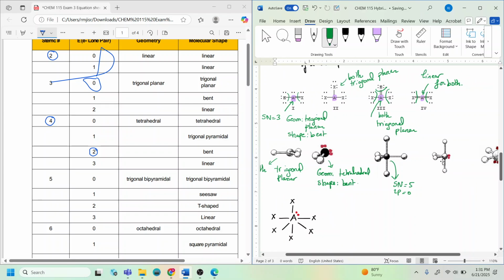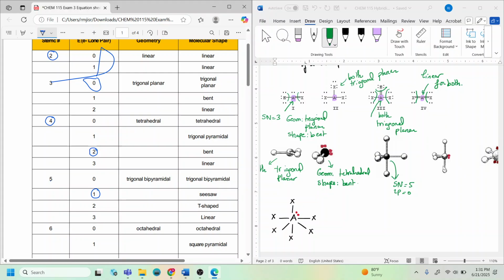On the other hand, over here, see, this one is 4 groups around the central atom plus the lone pair. So this is going to be 5. But the difference is that I have a steric number of 5 and a lone pair of 1. So now see how the geometry and the shape are apart from each other. They are not the same now. The geometry is trigonal bipyramidal and the shape is a seesaw.